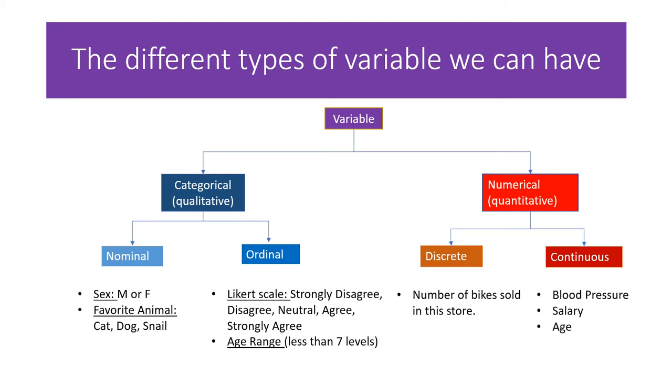A categorical variable, also called a qualitative variable, can also be ordinal. When there are no more than 7 levels with a meaningful order, we still classify this as a categorical variable. After 7 levels with a meaningful order, it falls in the discrete family, so in the numerical variables, okay?